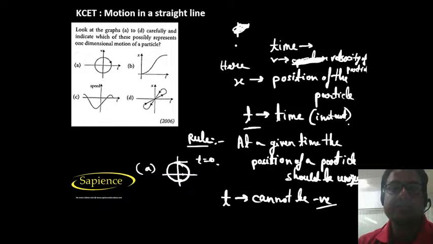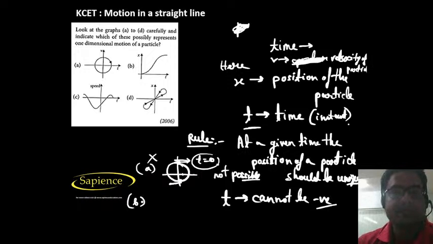So two different values of velocity at a given time is not possible. So option A is not possible.